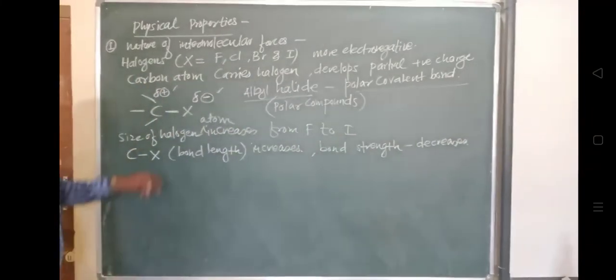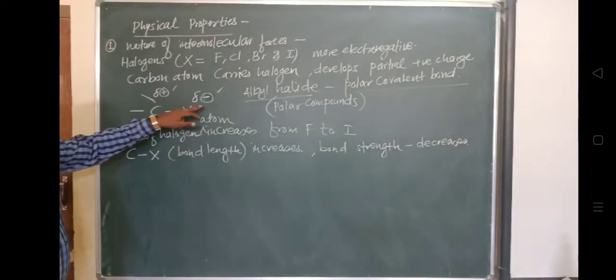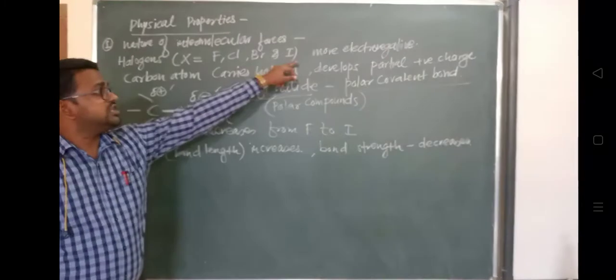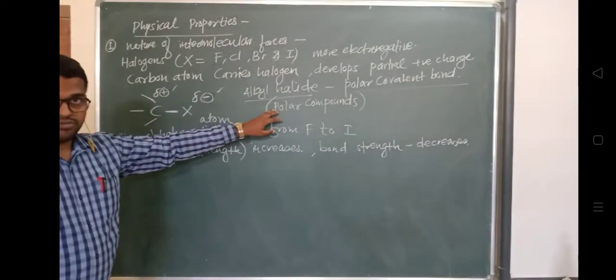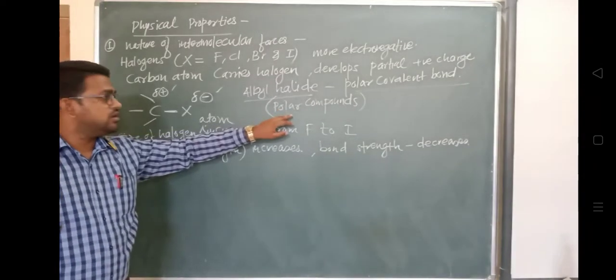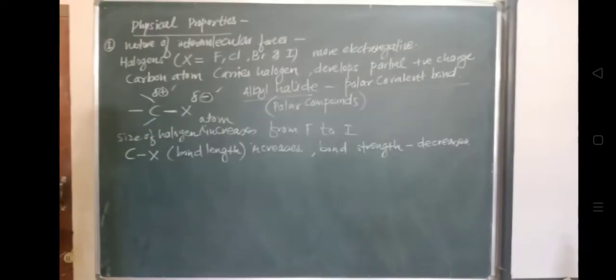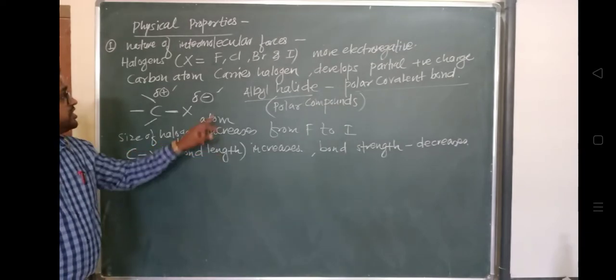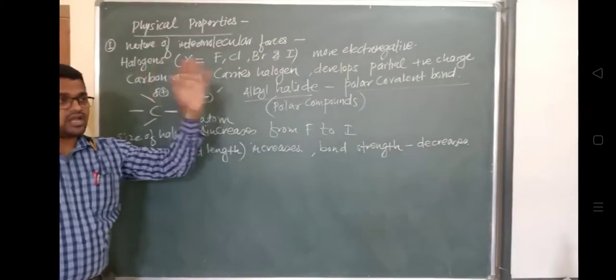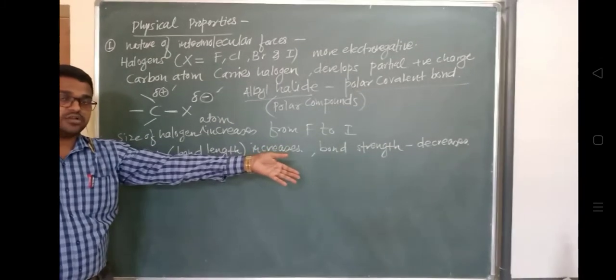It will have a partial positive charge and a partial negative charge because the halogen is electronegative, and so this alkyl halide is a moderately polar compound. And what happens to the size of the halogen atom? Look, from fluorine to iodine, the size of the halogen atom is increasing.